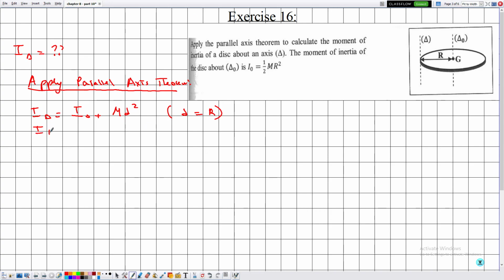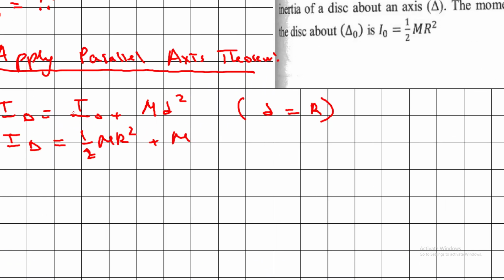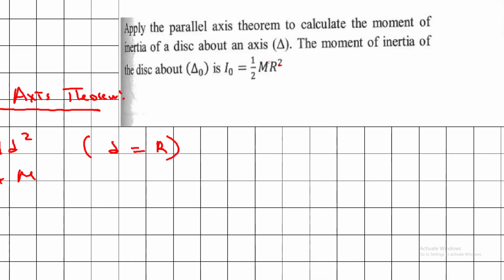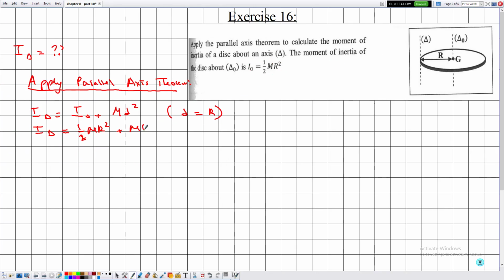So I delta is equal to 1 over 2 m r square plus m r square. So I0 is given by this one, and mr square. So it's equal to 1 over 2 plus 1 multiplied by mr square, which is equal to 3 over 2 mr square. So in this case now we gain a new formula.